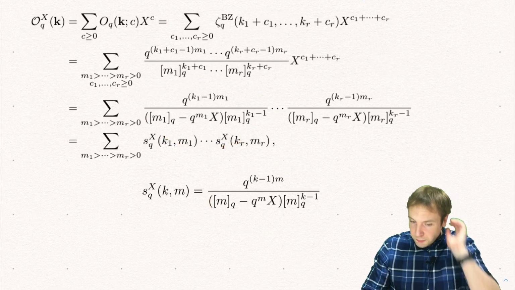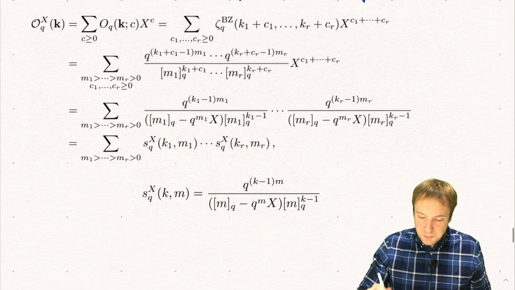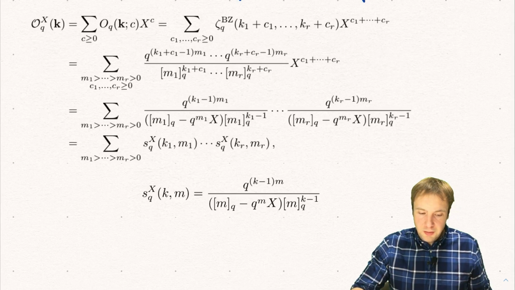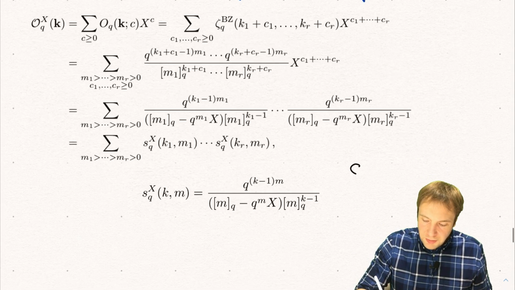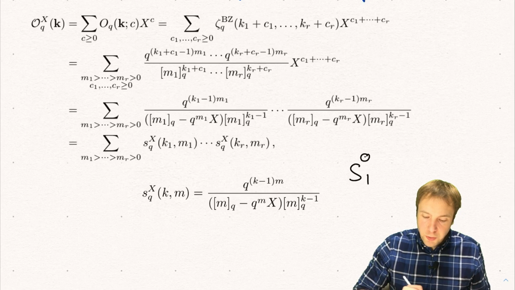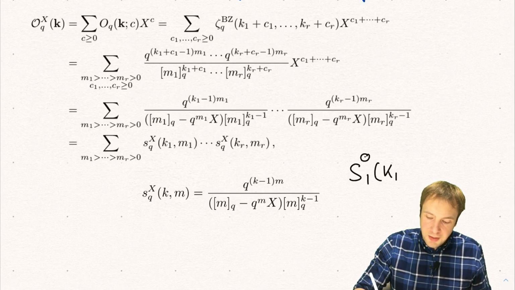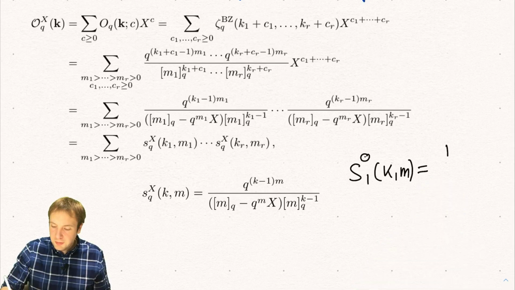So notice that if x is 0 and q is 1, then this s_k,m is just 1 over m to the k.